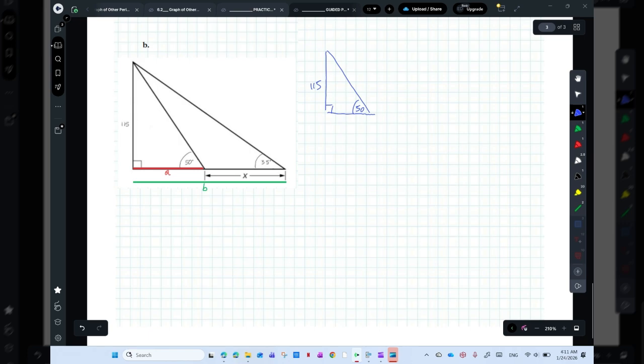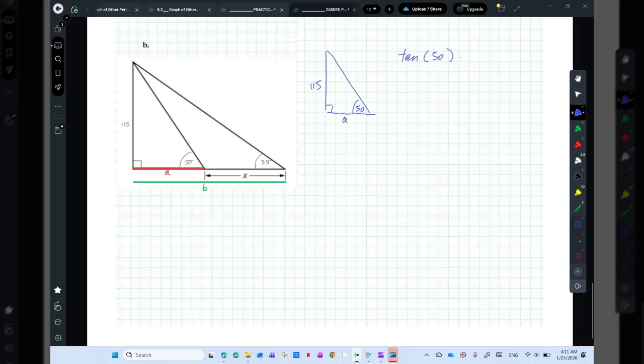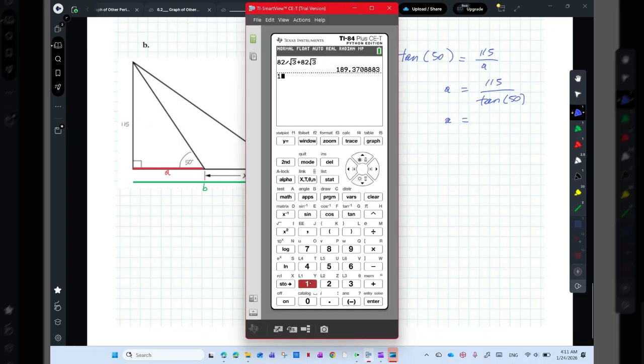And this is A. So I will have the tangent of 50 equal to 115 divided by A. Therefore, A equals 115 divided by the tangent of 50, which would be, to the nearest hundredth, this will be a wrong answer.